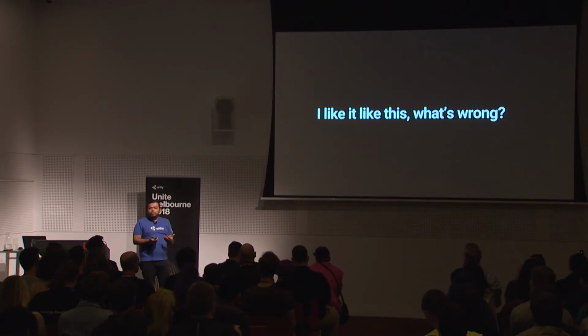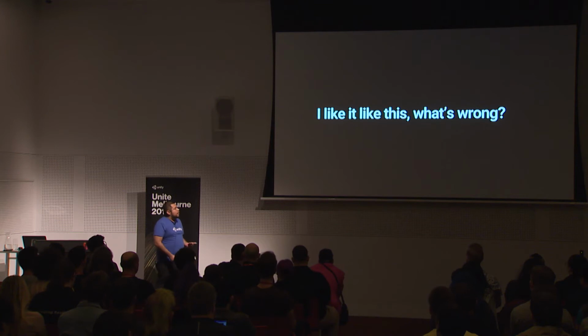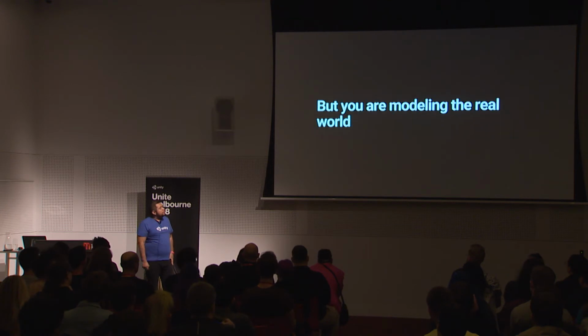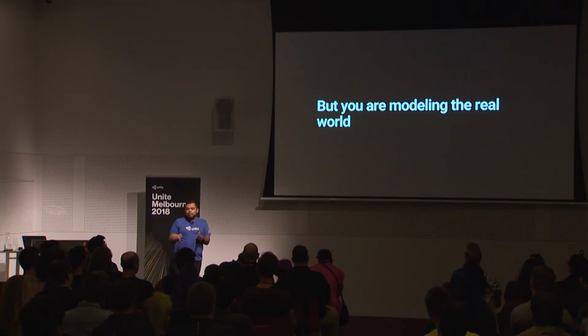So again, back to the first point, why do we care about changing the way we write our code today? There's nothing wrong with this, in reality, but there's one small problem. The problem is, again, we're modeling our programs, our games, based on how we see the real world.